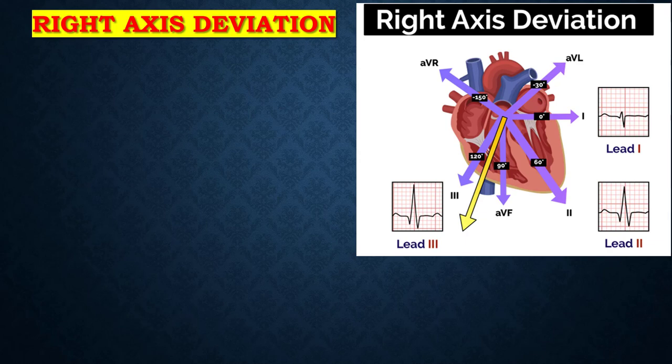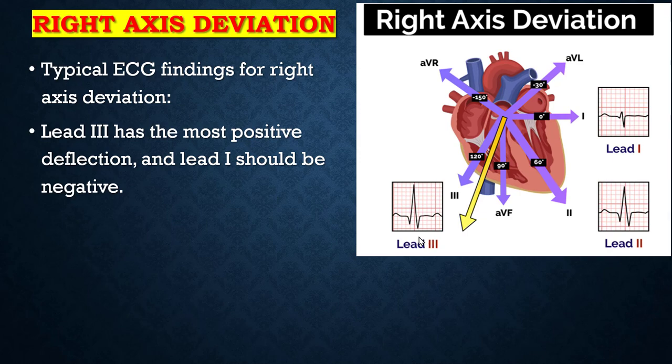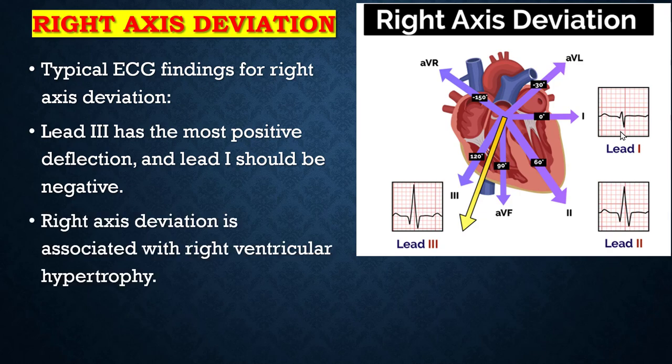Right axis deviation. Typical ECG finding for right axis deviation: lead 3 has the most positive deflection and lead 1 should be negative. In lead 3 you can see the deflection is most positive and in lead 1 it is negative.